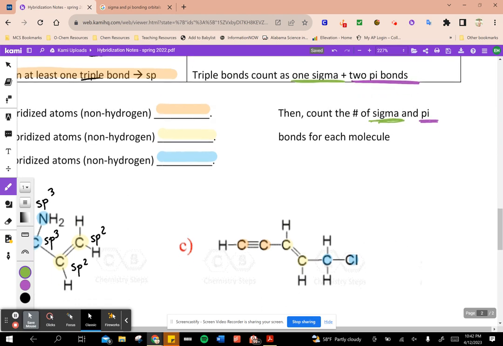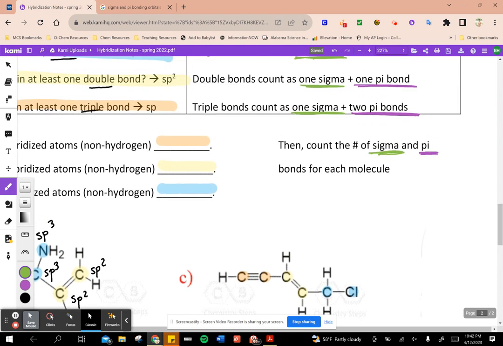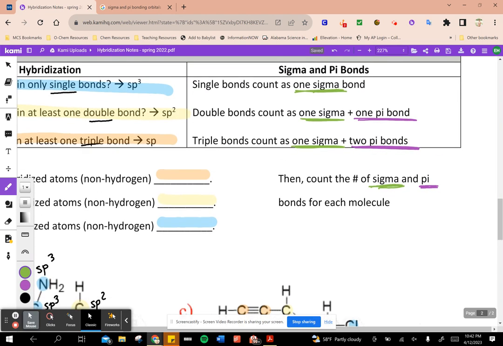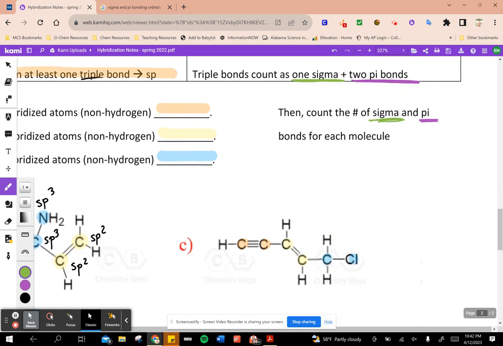So for example, if we go down to this molecule C, we know that every bond, single, double, and triple, involves at least 1 sigma bond. So this would be a sigma, sigma, sigma, sigma. You kind of get the picture there. All right.